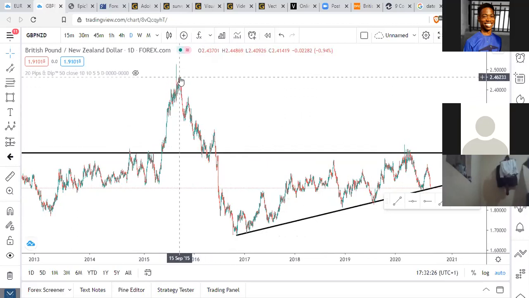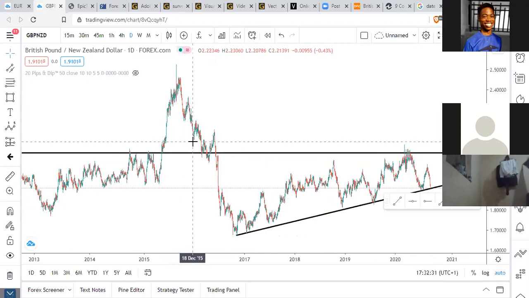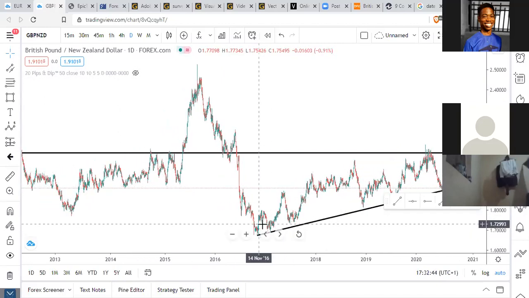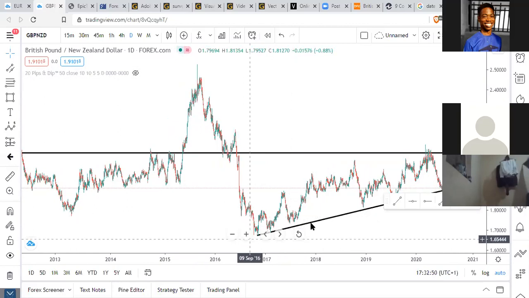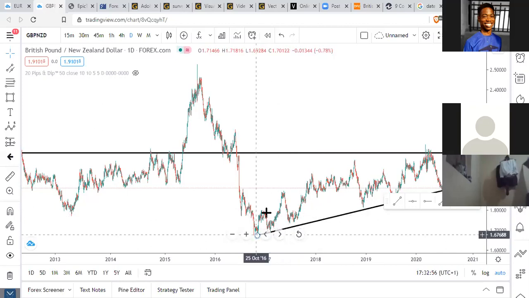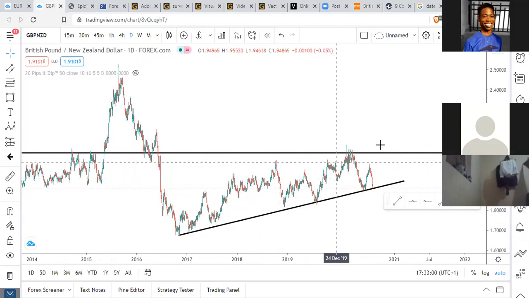This was a high, then a lower low, lower high, lower low, lower high, lower low. But here, instead of forming a lower low, it formed an equal low, then a higher low. This already signifies a trend reversal.